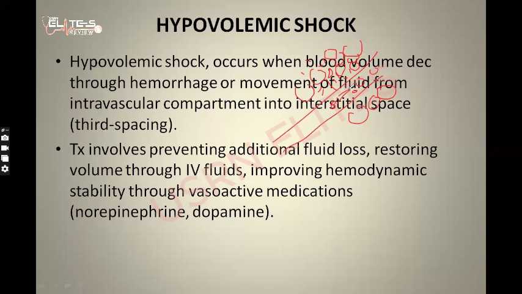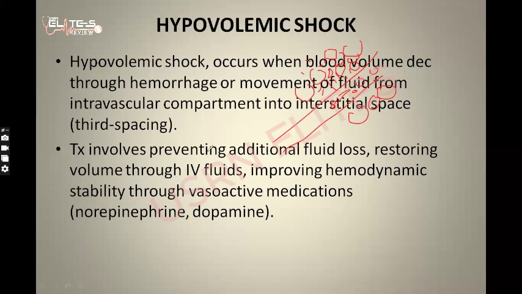This oncotic pressure can help do something better. Okay, so just to let you know, you can't get hypovolemic shock only from hemorrhaging, okay? So let us kindly take note.